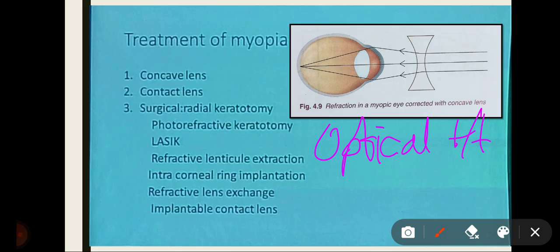Modes of prescribing the concave lens are spectacles and contact lenses. The advantages and disadvantages of each are the same as described for hypermetropia. Contact lenses are particularly justified in high myopia, as they avoid peripheral distortions and minification produced by strong concave spectacle lenses.